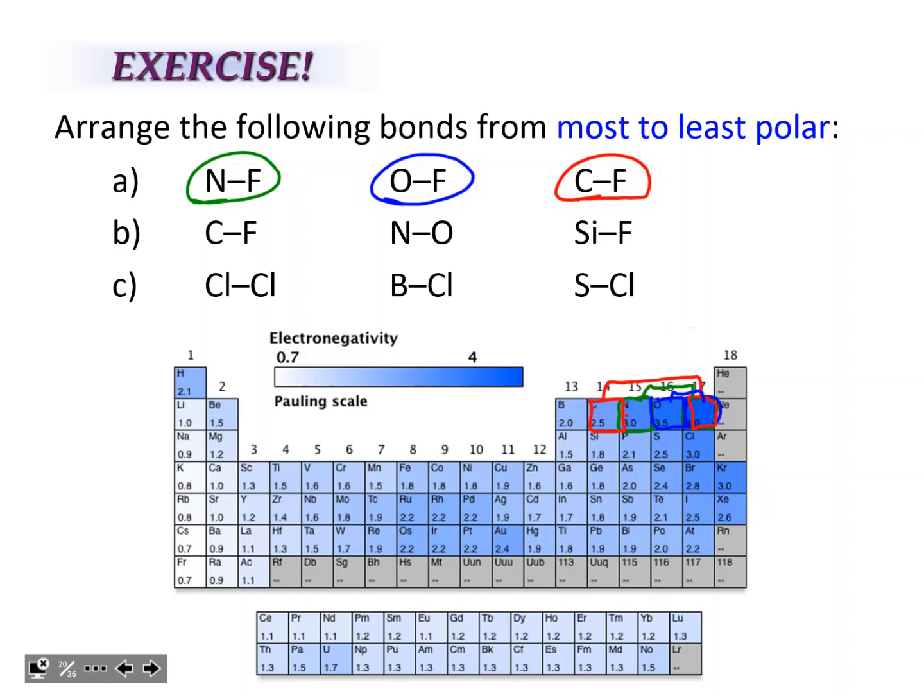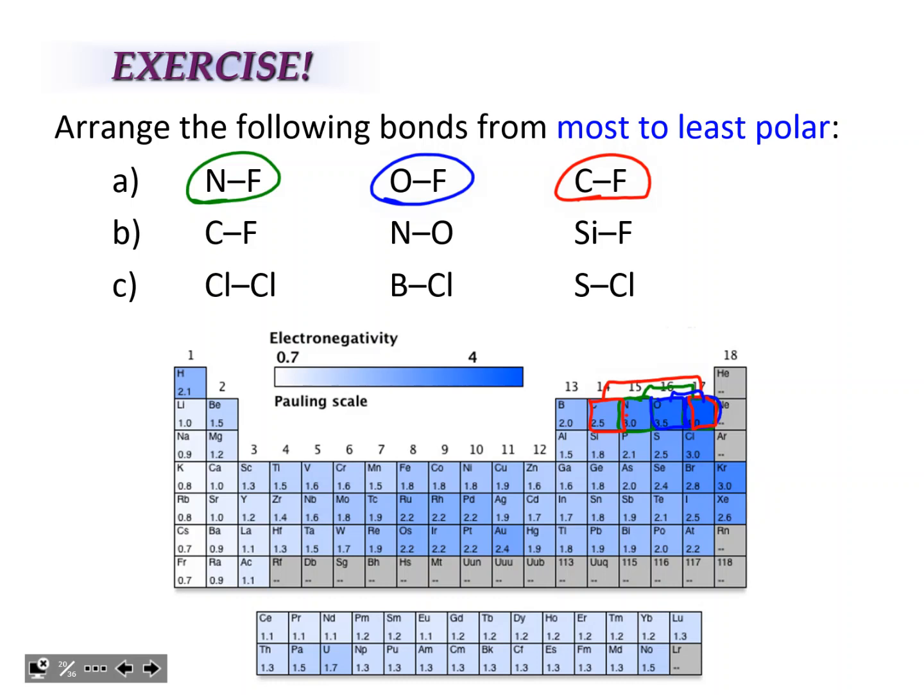So the ones that are closer together are going to be more or less polar? Less. They should be less polar because their difference is going to be less. So that's how I would look at it from the periodic table. Don't waste your time trying to calculate it because they're not going to really ever have you calculate it. They want you to do it this way.